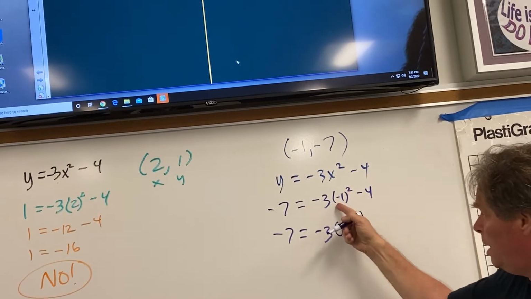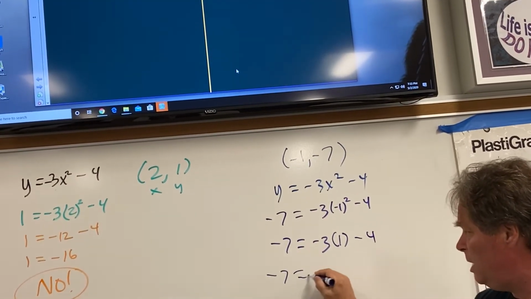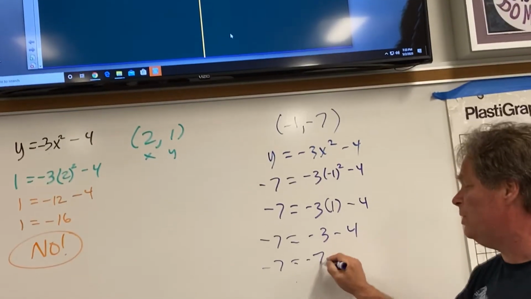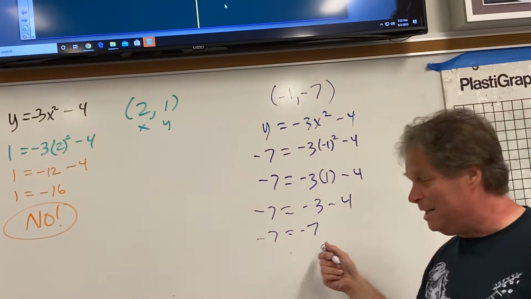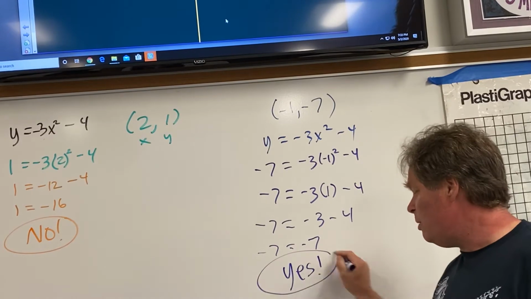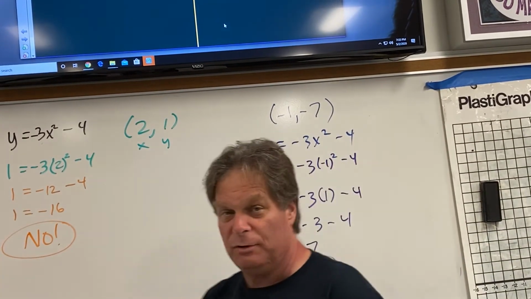So this is 1 times -3 minus 4. -7 is -3 minus 4. -7 equals -7. Yes, that is true. So is that a point on the graph? Yes. It really is that easy. That's how you tell if a point is on the graph.